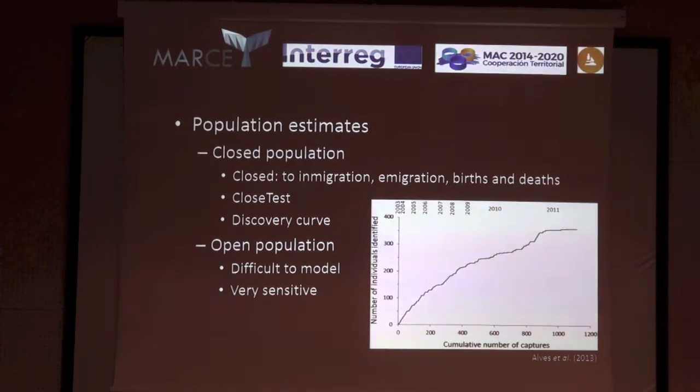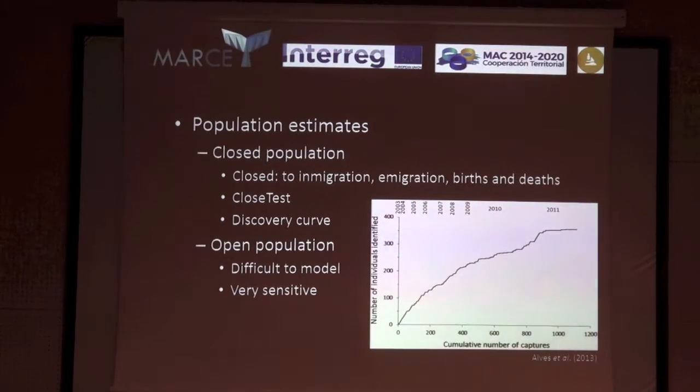term. So for the population estimates, we have two different types of models. The first one is closed population models. That means that it's closed to immigration, births and deaths. There is software that can tell you from the data if this is actually happening, or you can also use a discovery curve.